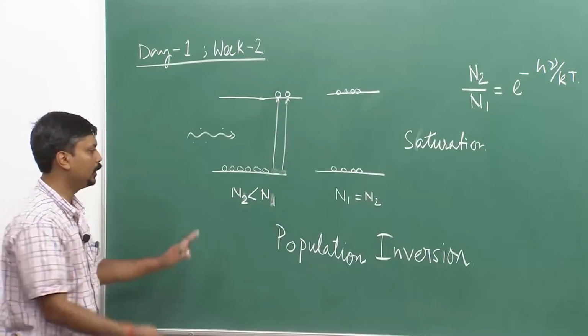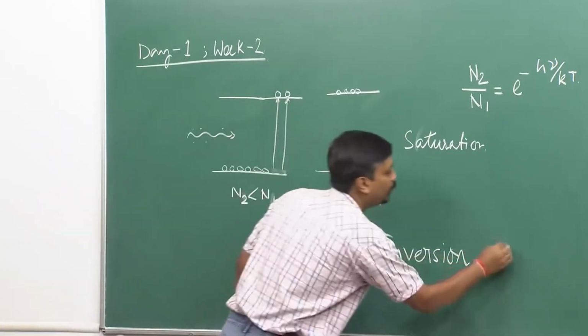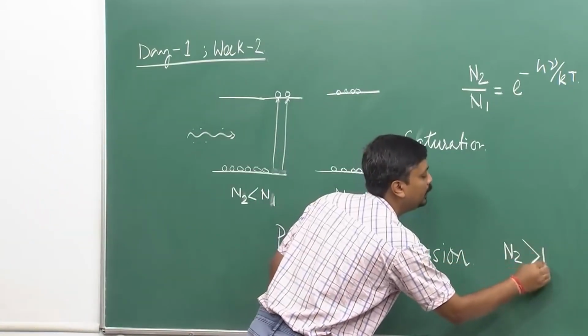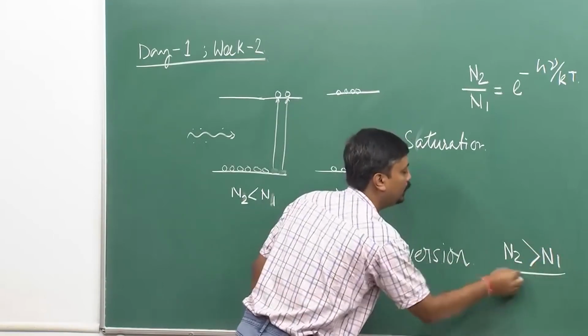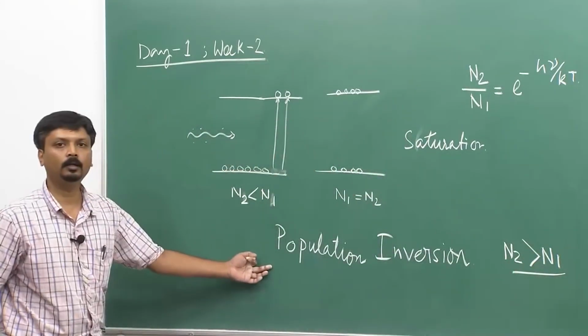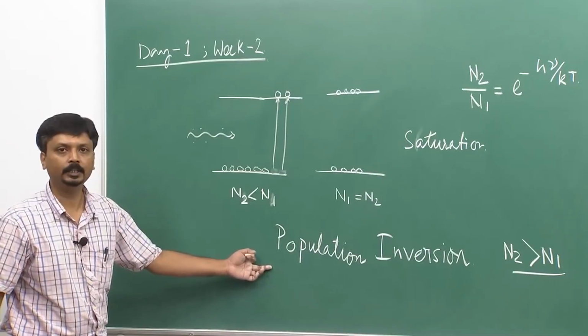This condition, N2 greater than N1, is essentially a population inversion condition.